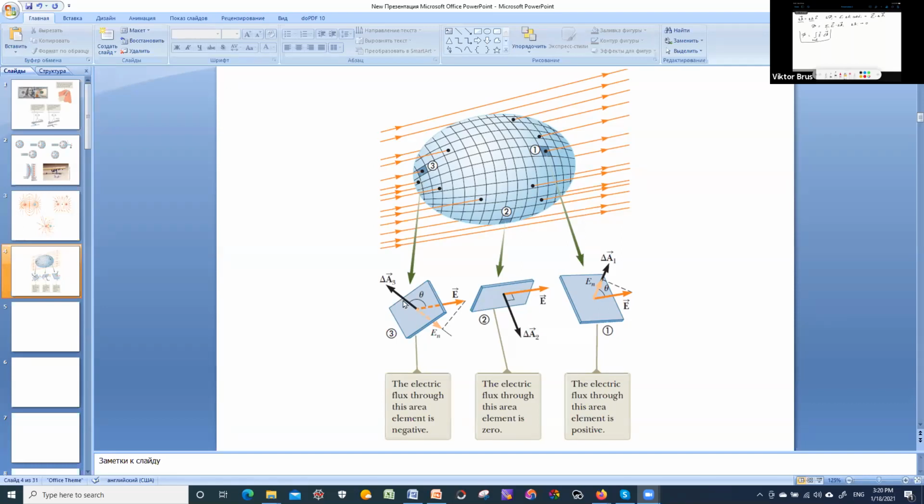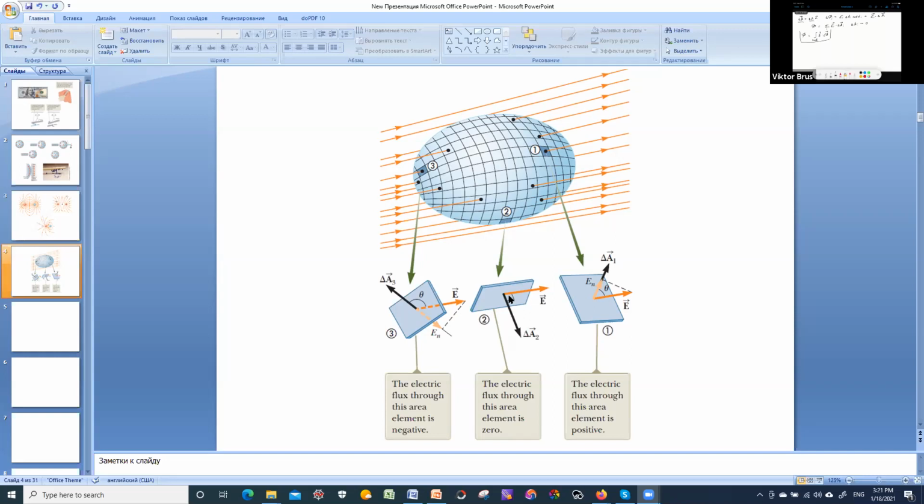We see that the orientation of this vector delta A3, which is the same as the normal to this small surface element, forms an angle larger than pi divided by 2 with the electric field vector. In this case, as I mentioned before, we have negative flux.